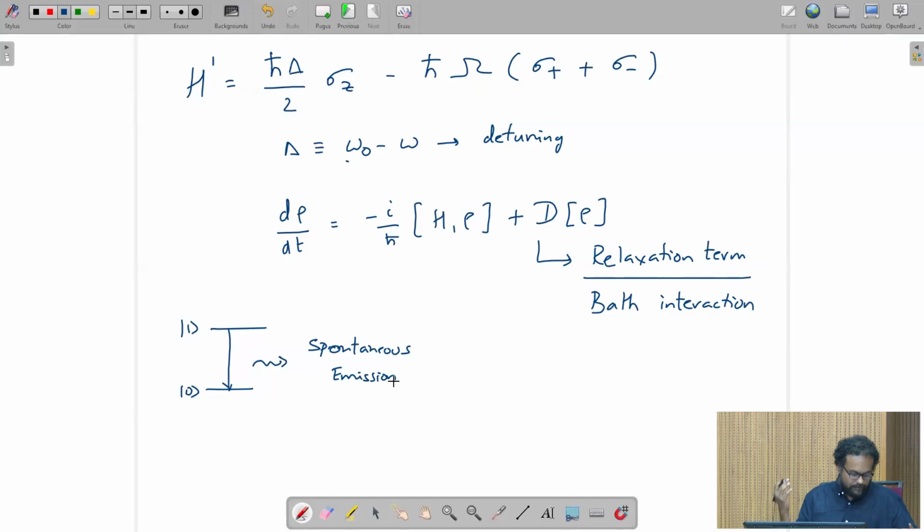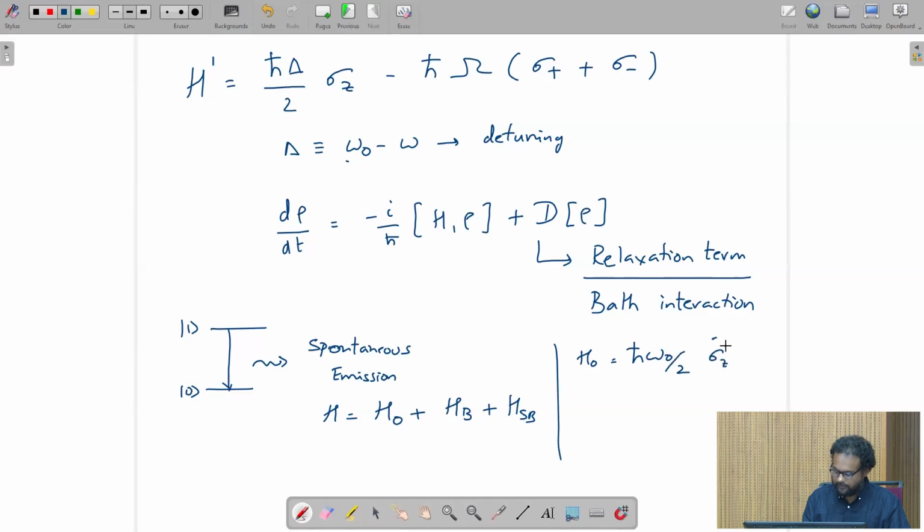So I could kind of think of, if I were to write down my system bath Hamiltonian without interaction with a light driving force, then my thing will have my system, which is H naught, my bath, and some system bath term, and your H naught we know is H cross omega naught over 2 sigma z.